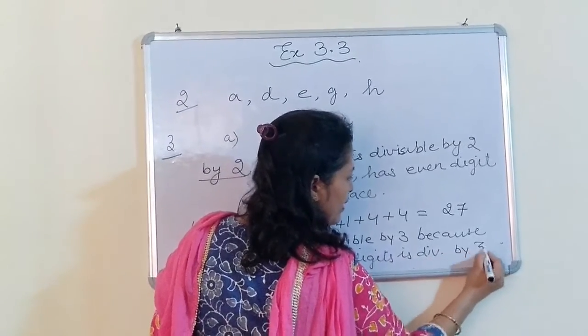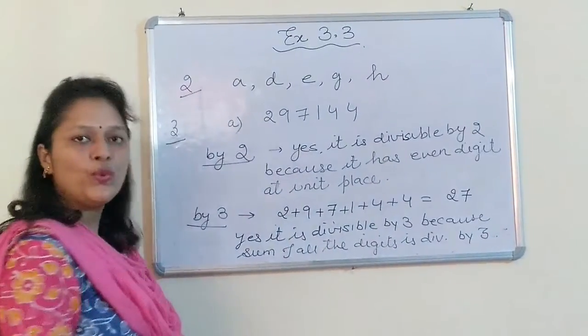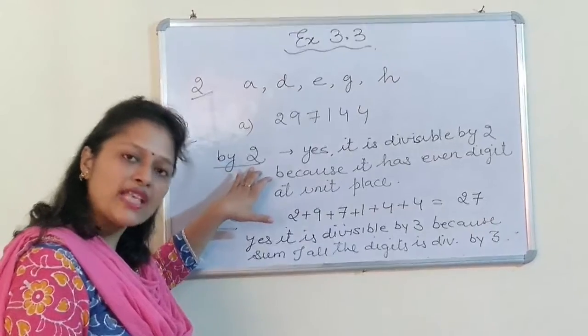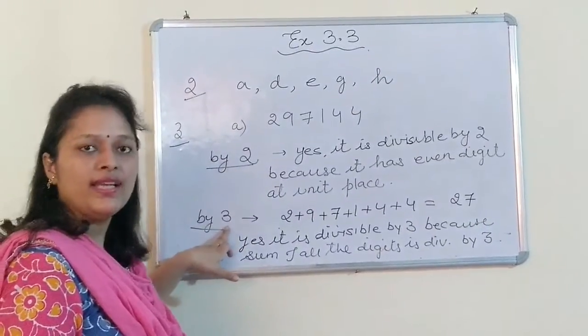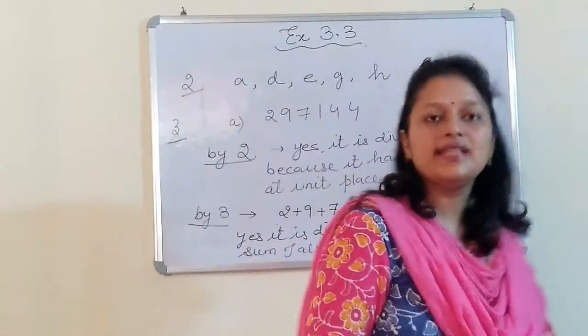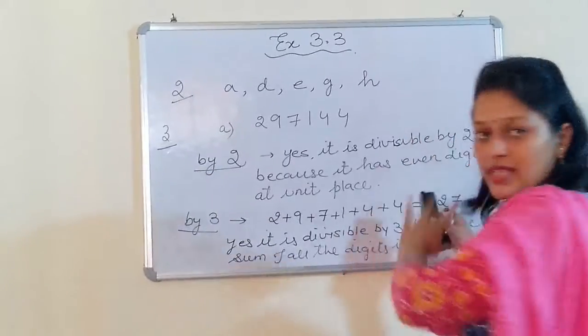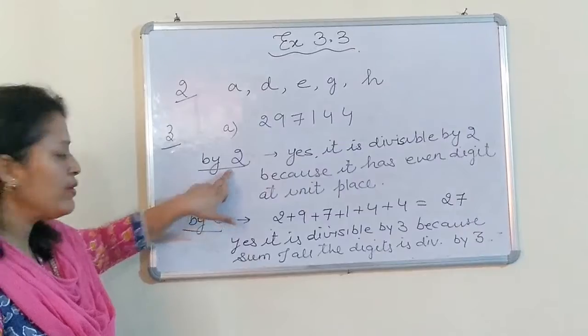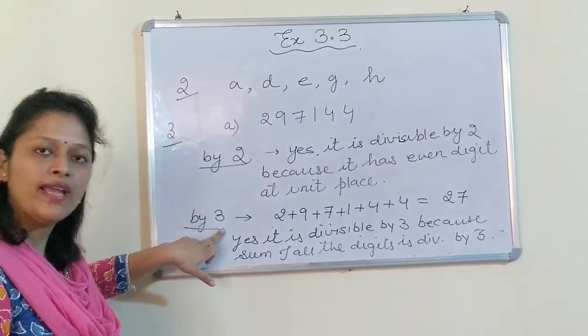Now you can see this number is divisible by 2 as well as by 3. So you can say that this number is divisible by 2 and it is divisible by 3.